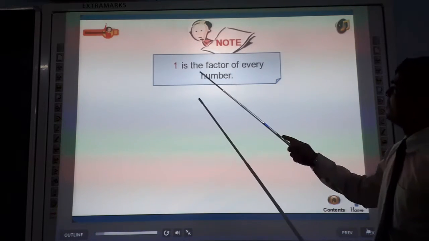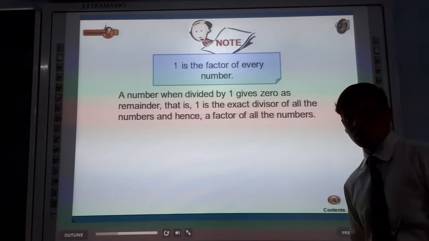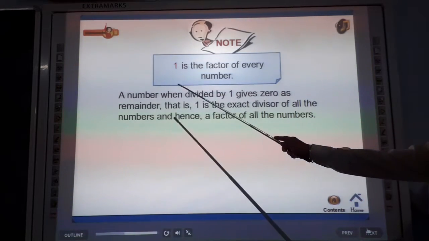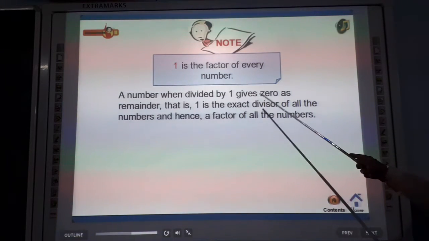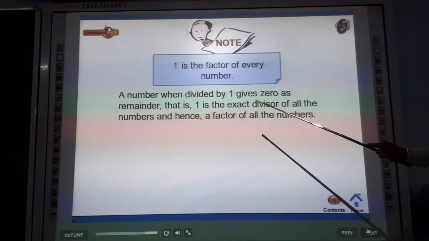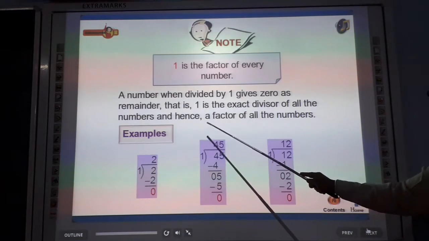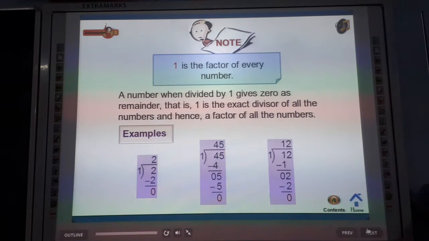Now, next, 1 is a factor of every number. Okay student, look at this. A number when divided by 1 gives 0 as remainder. That is, 1 is an exact divisor of all numbers and hence a factor of all numbers.